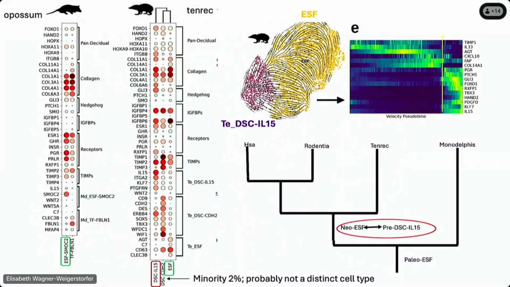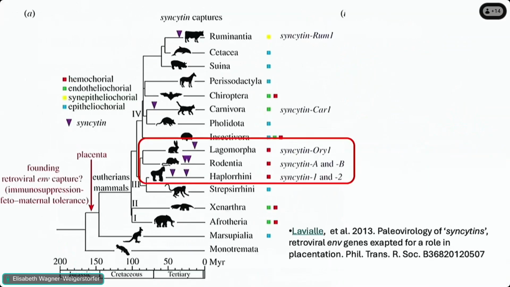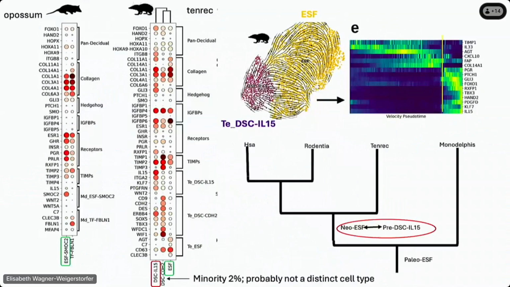Now let's look at the comparison between opossum and tenrec. In tenrec, we see three populations, one of which I'm not sure is actually real. This is only a minority. We have again an ESF population of endometrial stromal fibroblasts that are similar to those.